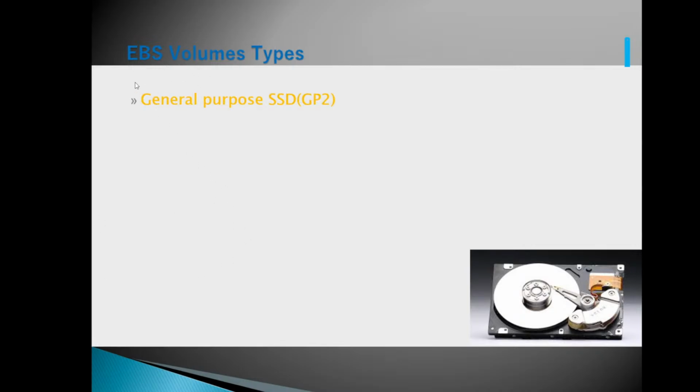So the next part is the type of EBS volume. Till now we have understood that an EBS volume is a virtual storage device in cloud. It is a block storage on which your application and OS will be installed. But according to your use case and requirement, Amazon has 5 types of EBS volume, starting with general purpose.